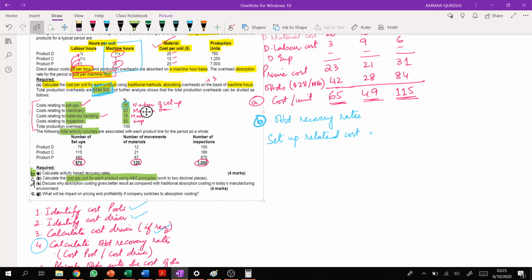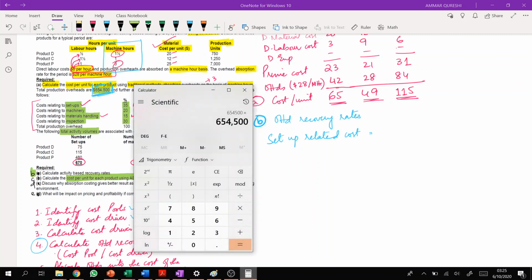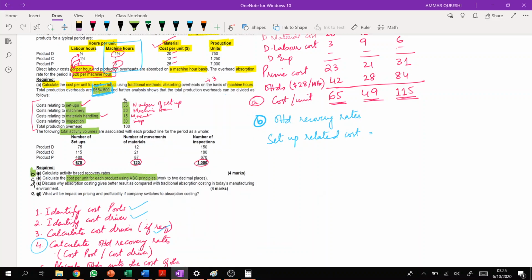Multiply by 35%. So times 0.35, that makes around 229,075. This is 35%, right?